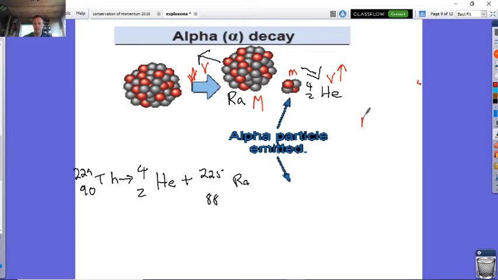So if I call the mass of the radium M_Ra, and then I have the mass of my helium, the radium would have a velocity that must be small, and the helium must have a velocity that must be large, because they must balance out. And again, it will do it in the ratio of the masses.